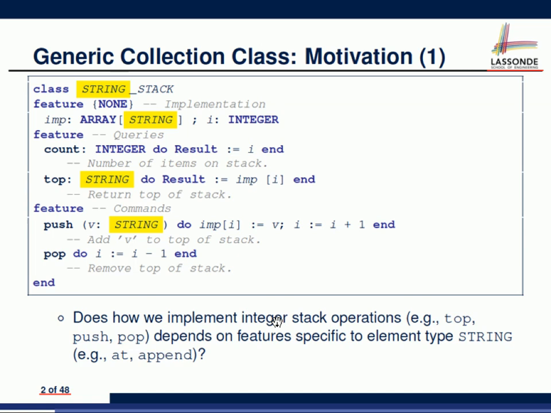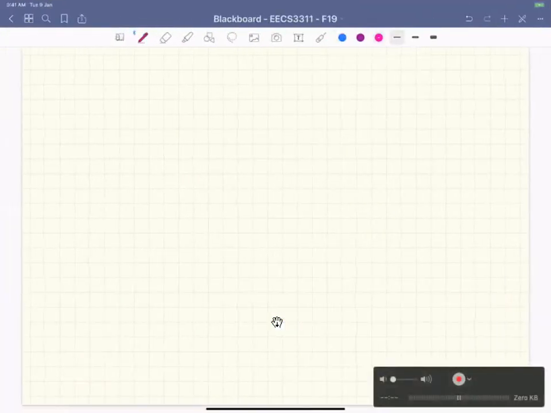The way we implement the stack, which means the last-in, first-out property, do you think the LIFO property really has anything to do with the type of the element being string? Let me make myself clear. We are basically talking about two concerns over here.